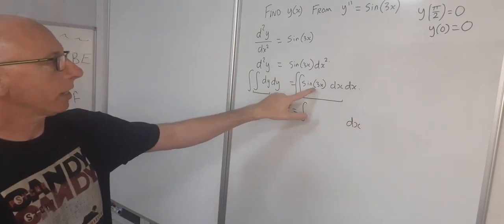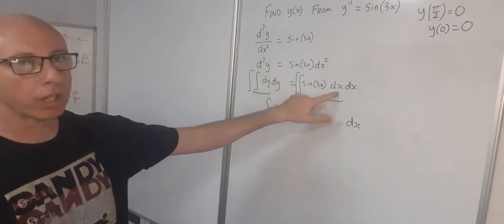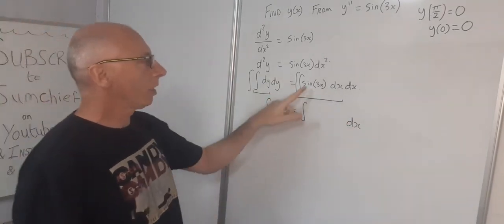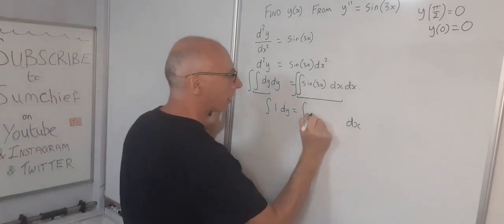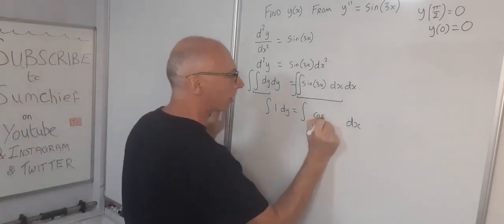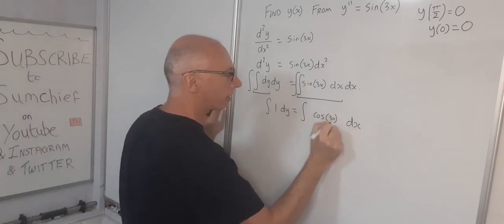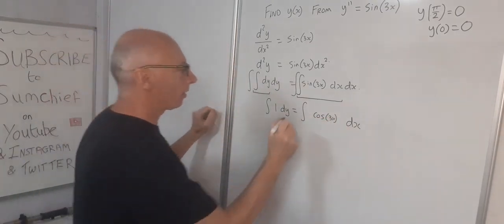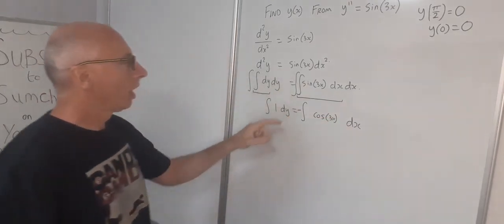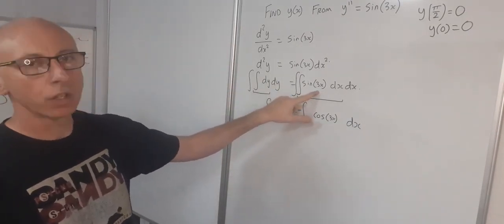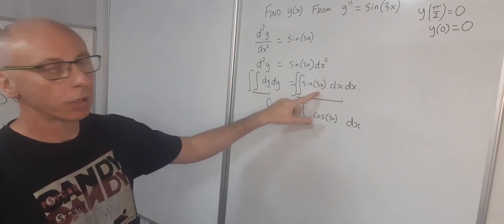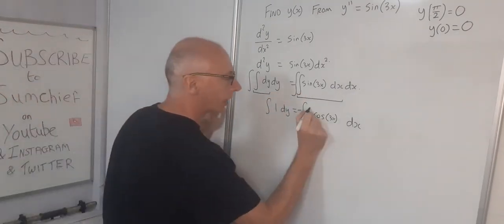Now let's integrate this sine 3x with regards to x. Well, we know sine is going to leave us with a cosine, so it's going to be negative cosine of 3x, and there's going to be a negative in there. And by the chain rule, for the 3x, we need a constant multiple of 1/3.